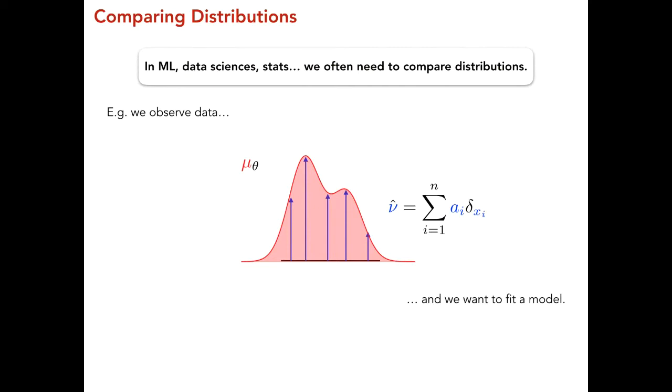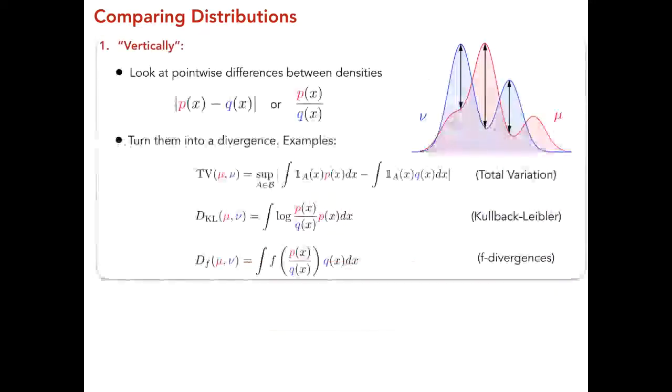Okay, so to do that, we need a way of comparing those distributions, right? So we need a criterion to tell whether mu theta and nu are close to one another or not. So how can we do that? So essentially, from a bird's eye view, there are two ways of comparing distributions. So the first one would be to have a look at the vertical distances, if you may, between the densities.